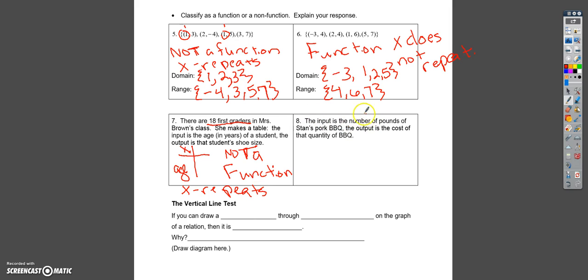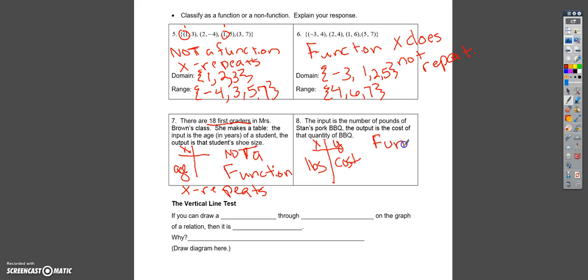The input is the number of pounds of Stansport barbecue. The output is the cost. So this would be kind of like a menu or something. We're going to input the pounds. That's an abbreviation for pounds. And we're going to output the cost. Well, you wouldn't list the pounds more than once to find the cost.